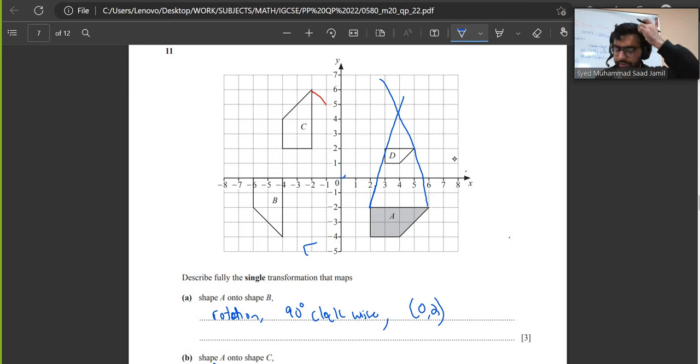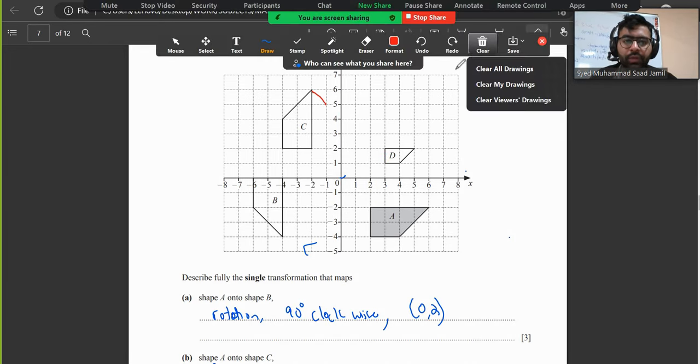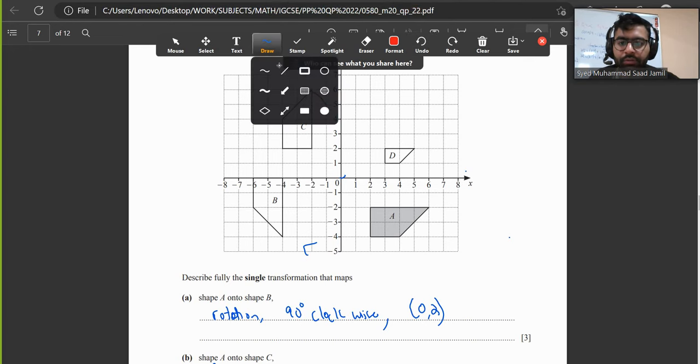Let me join it since I don't have a scale. I'll just use the annotate version.